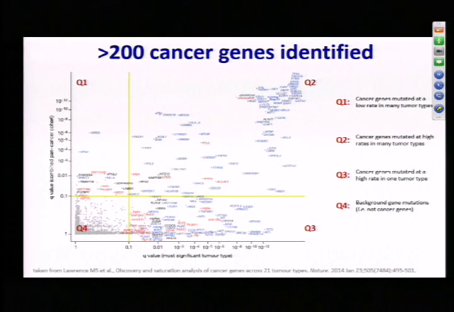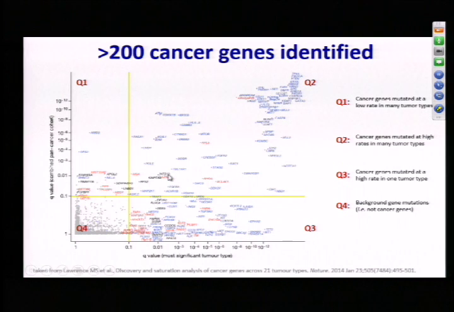In terms of which genes in our genomes are drivers, there are over 200 cancer genes, so tumor suppressors or oncogenes, that have been identified through genome sequencing so far. And this is just a distribution of these genes. Anything in the second quadrant up here, these are driver mutations that are seen often in many types of cancer. And you can see that there are a lot of genes here.